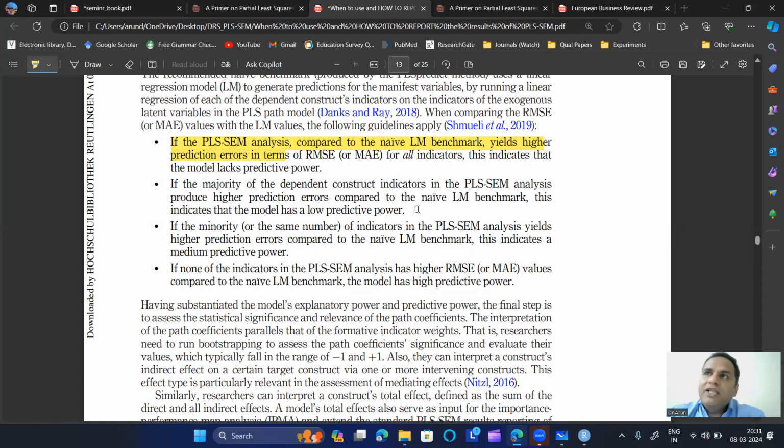And if a minority of the indicators in the PLS SEM analysis yield higher prediction errors compared to the new LM benchmark, this indicates some medium predictive power. If none of the indicators in the PLS SEM analysis has higher RMSE values compared to the new LM benchmark, the model has high predictive power.